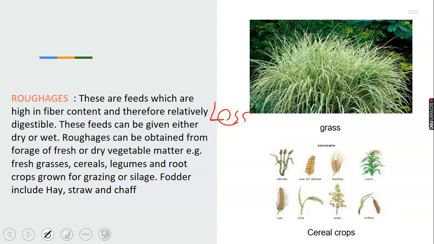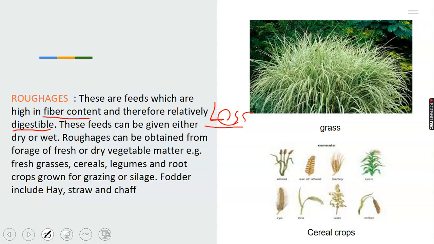I will underline the words less digestible. The fiber content in these feeds is high. As a result, they are less digestible. They find it difficult to digest in the system of these animals.